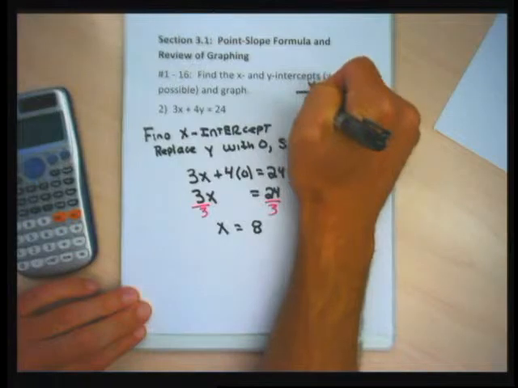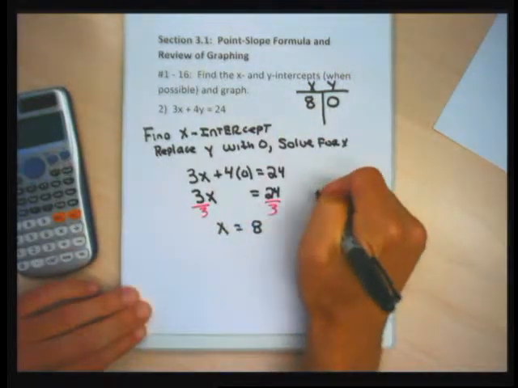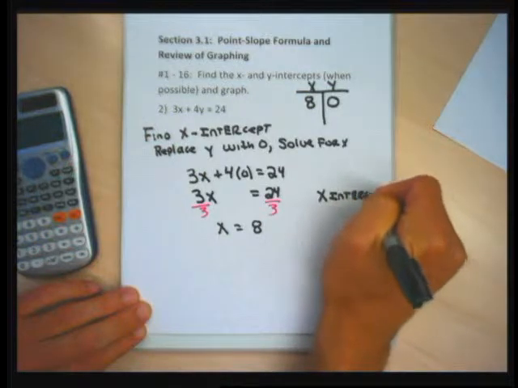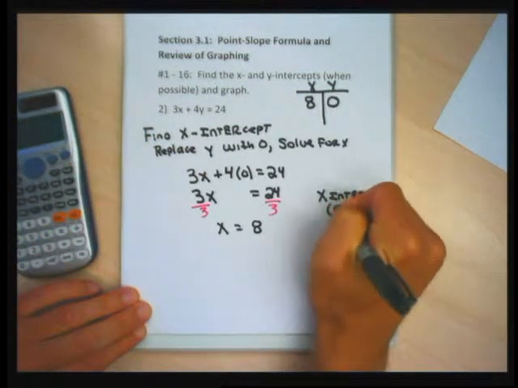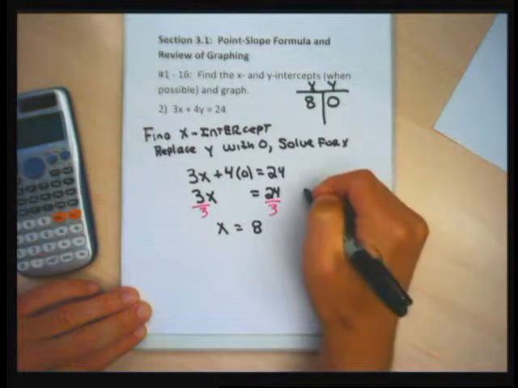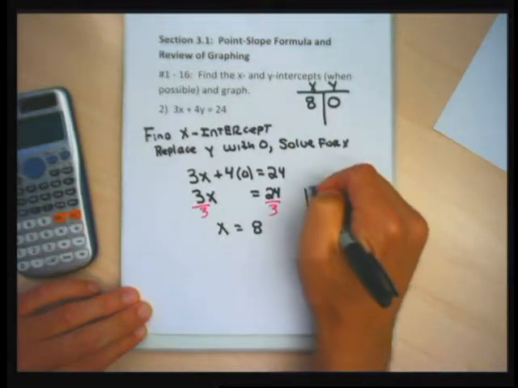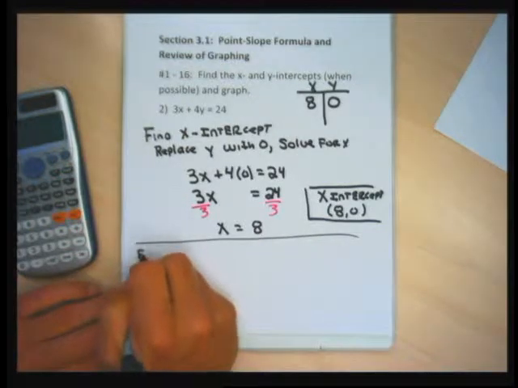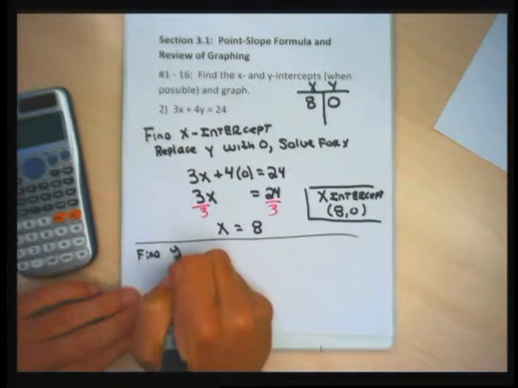So the x-intercept for this graph, where this graph is going to cross the x-axis, is going to be at the point 8, 0. So that's one of the things I was asked to find. The next thing I'm going to do is find the y-intercept.